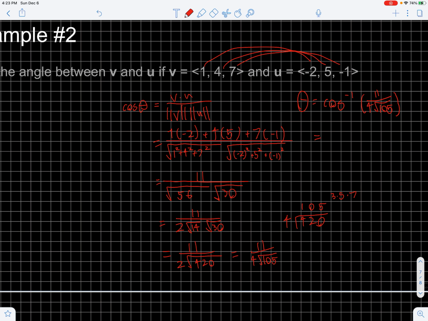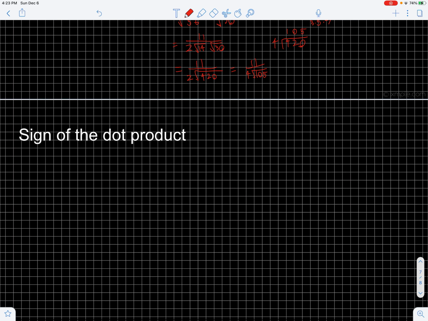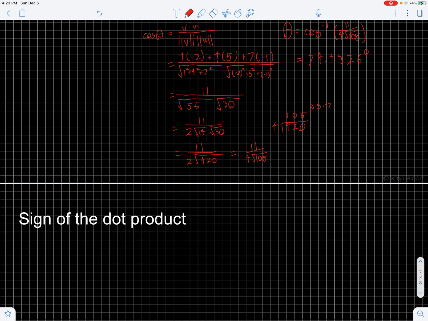And we'll go ahead and do it in degrees. That gives us 74.4326 degrees. All right, easy enough.